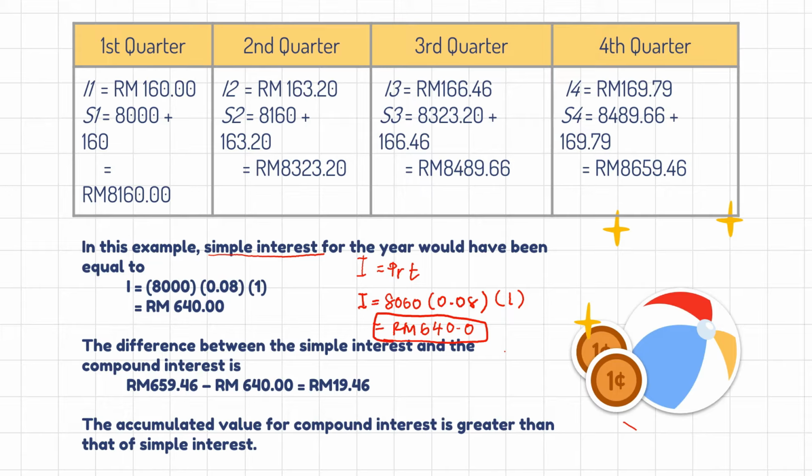But in this example, it is compound interest, which means that let's look at the interest that we earn for this example.